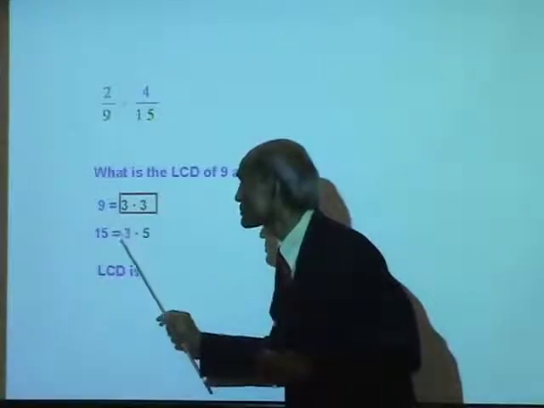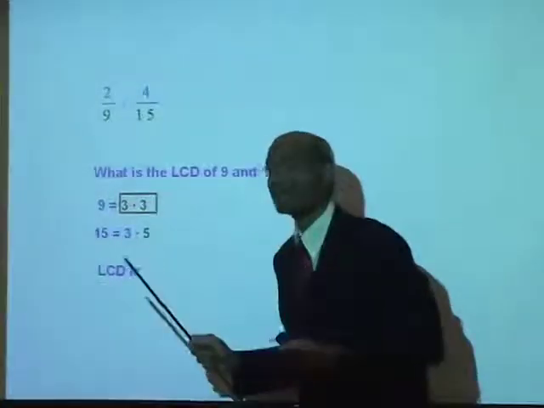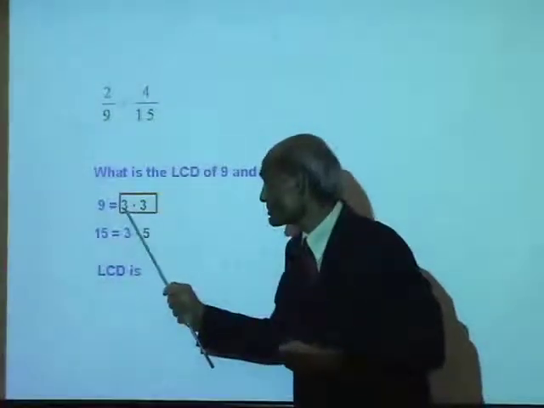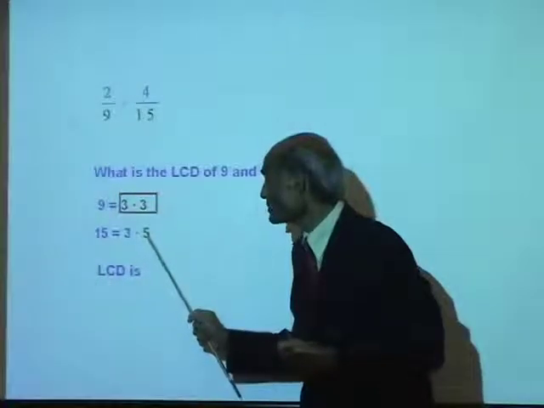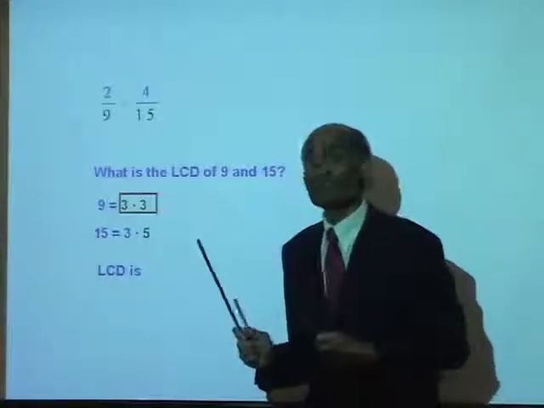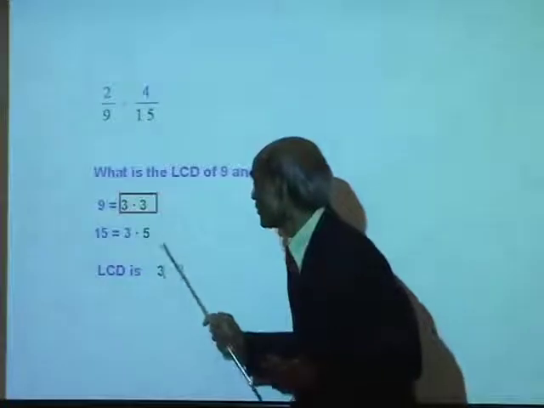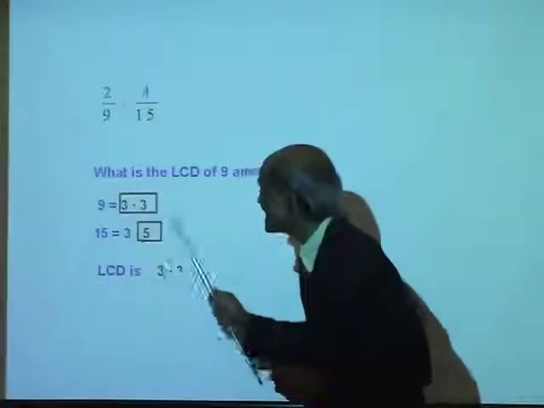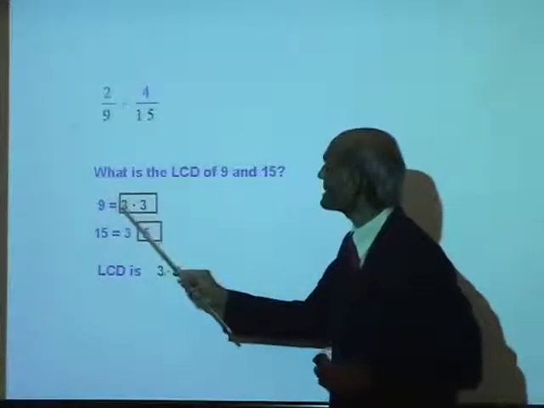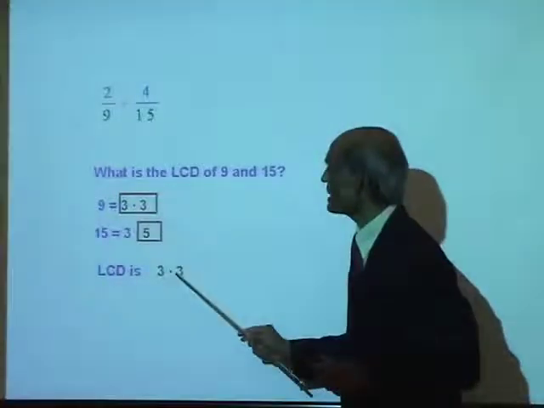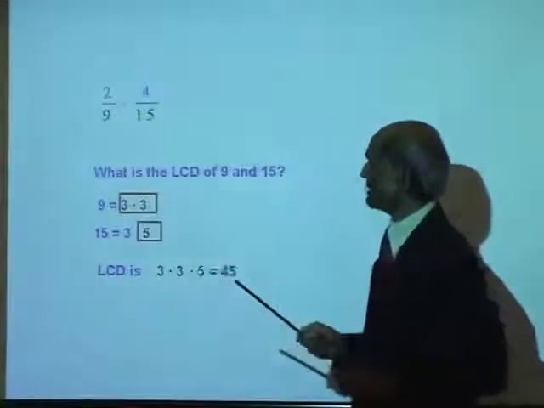So you come to this 3. Do we need that 3? Well, no, we don't. We have picked a 3 already. But do we need that 5? Yes. So we need to take that 5. So our LCD now is 3 times 3 multiplied by 5.